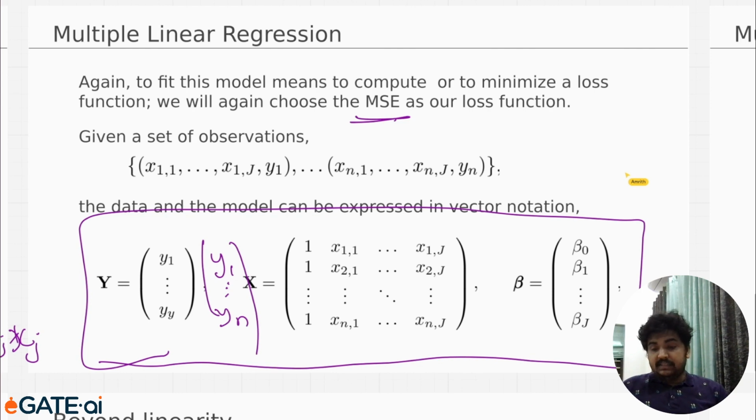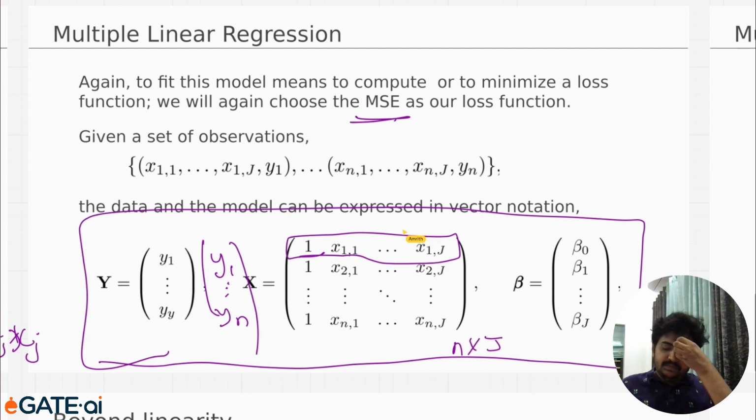Now the x in this case, the individual x is not a scalar, it's a vector. My observation 1 itself has j such features and I have n such observations. So there is a matrix of size n cross j where each row represents an individual observation and there are j features for that observation.